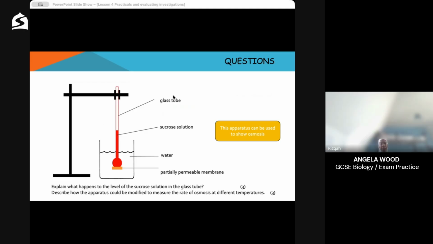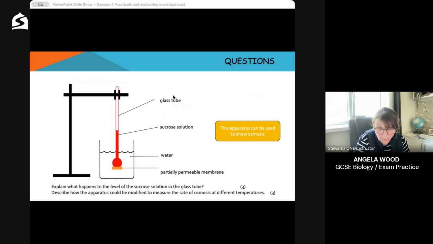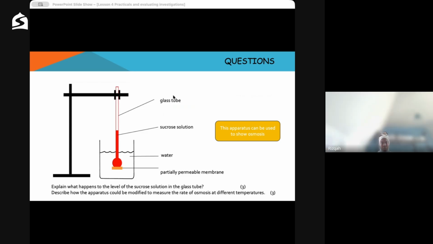It rises. Okay, that's 1 mark. It rises. Tell me why. Because the water diffuses into the tube, so the concentration of water is equal inside and outside of the tube.